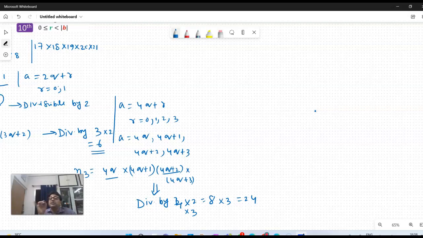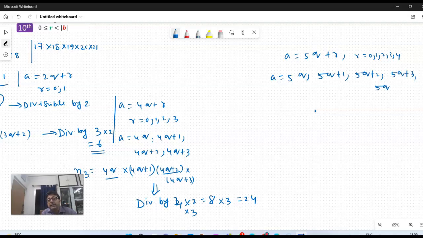To prove that it is always divisible by 5, first we consider divisibility by 5. Integers can be taken in the form a equal to 5q plus r. What about r over there? r is 0, 1, 2, 3, 4. So you can take integers as 5q, 5q plus 1, 5q plus 2, 5q plus 3 and 5q plus 4.